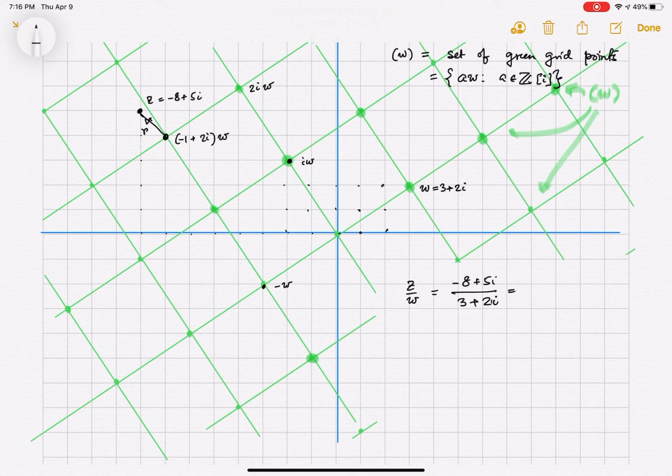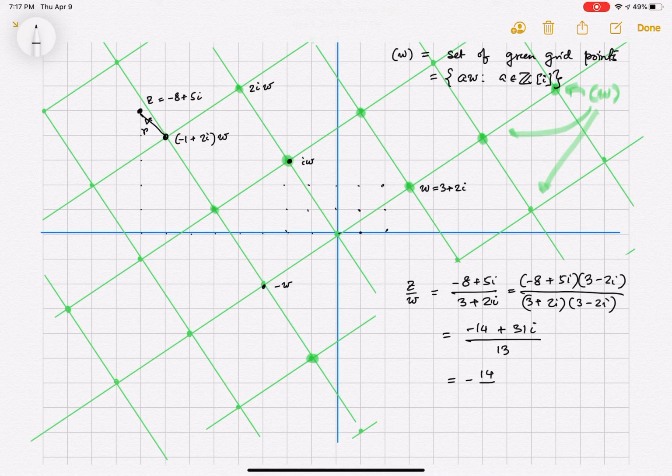And if you multiply by the complex conjugate, you get minus 8 plus 5i times 3 minus 2i, divided by 3 plus 2i times 3 minus 2i. The denominator is 3 square plus 2 square, which is 13. And the numerator, if you calculate, you'll get minus 14 plus 31i. And now you can write that as minus 14 over 13 plus 31 over 13 i.